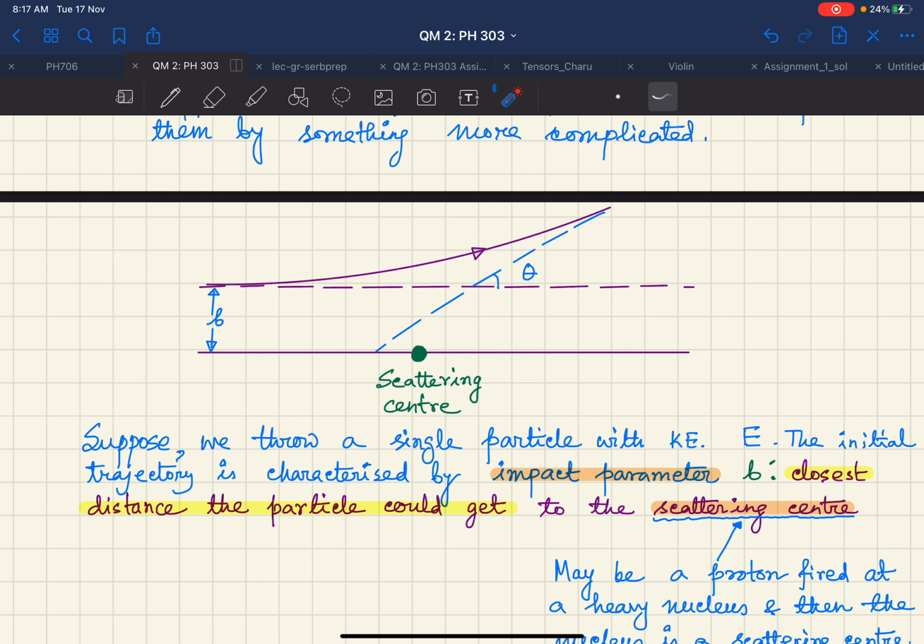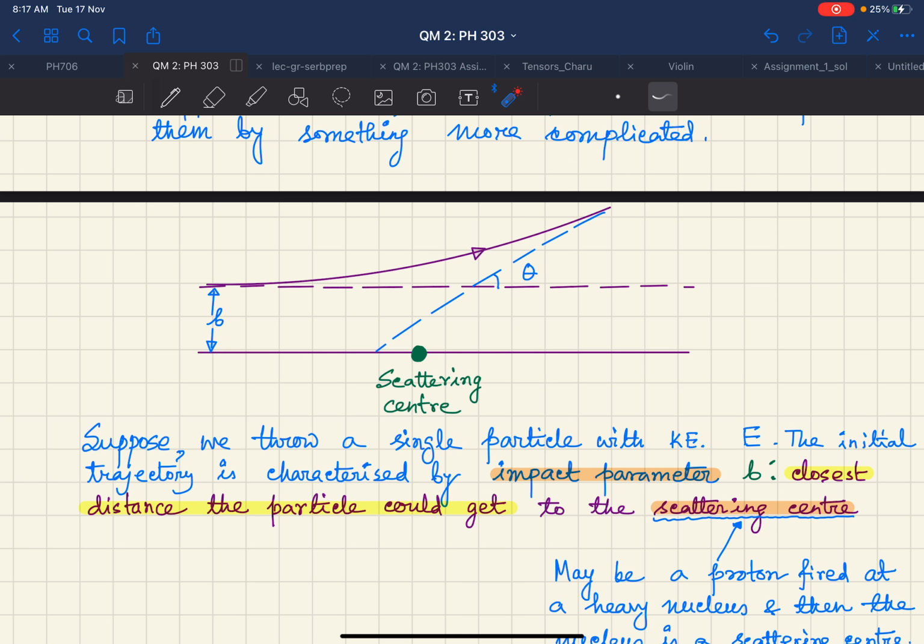So if we now take a single particle among all these particles, suppose you throw a single particle, forget about a swarm of particles at the moment, with kinetic energy E, then the initial trajectory is basically characterized by something which is known as an impact parameter, which is always denoted by b.